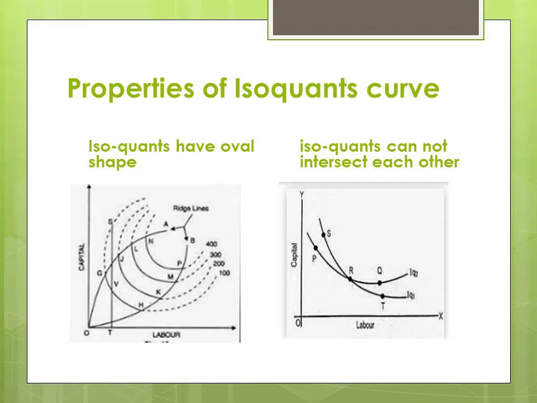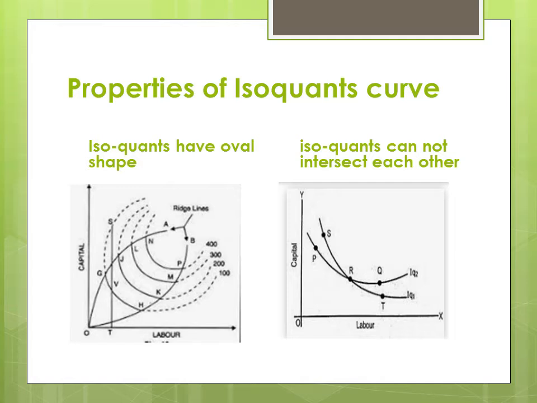On the other side, inside the ridge lines, is the area where firms use efficient techniques, also called the full economic region, which is feasible for production. The firm will operate in the second stage, the area between the ridge lines.